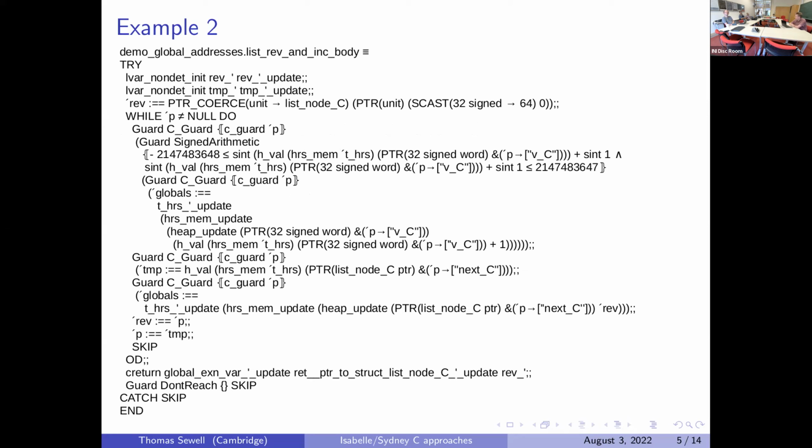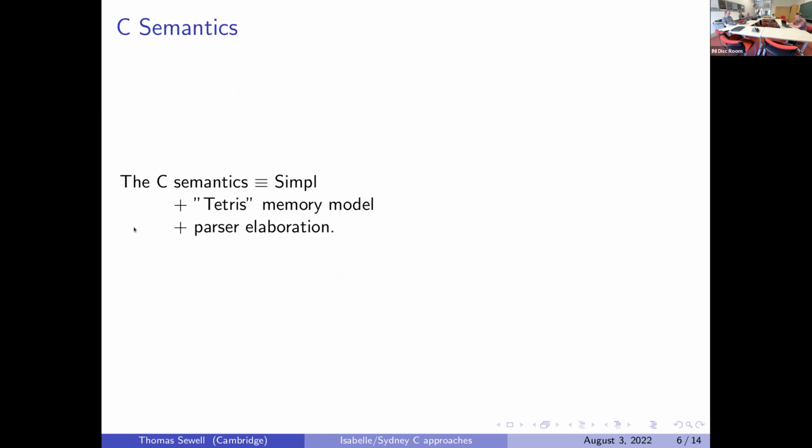Just to point out that the kinds of things you'd expect from one of these tools have happened. So all of the checks that the C standard does, for instance, when you incremented something by one, turned into these kind of overcomplicated checks. Certain kinds of sign computations don't overflow. Actually, there's quite a lot of constructors in here which is to do with details of how the memory model works. Let's keep running along.